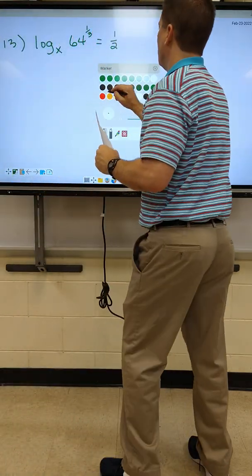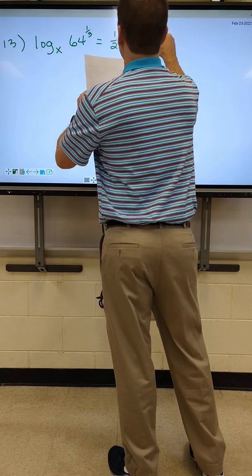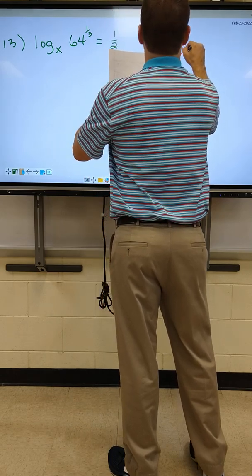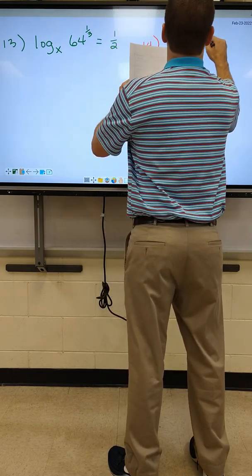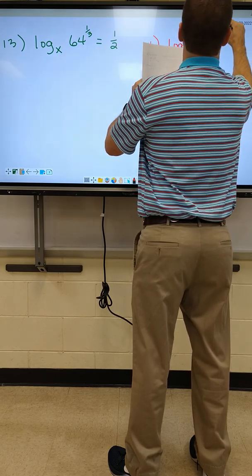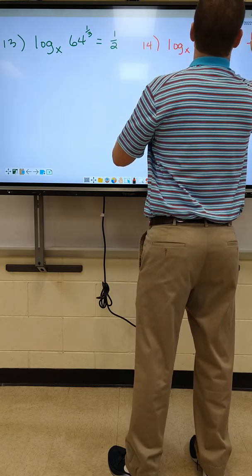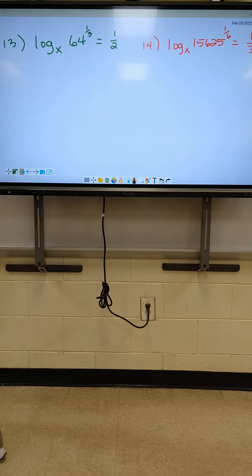Copy down 13. Here's 14. When you copy it down, you should be able to go ahead and write it down in exponent form. The ones I've got on the board are in log form.